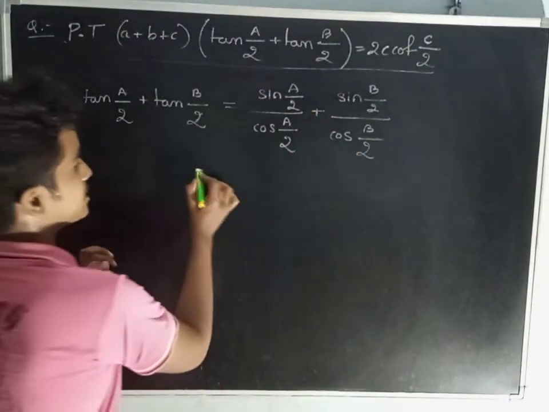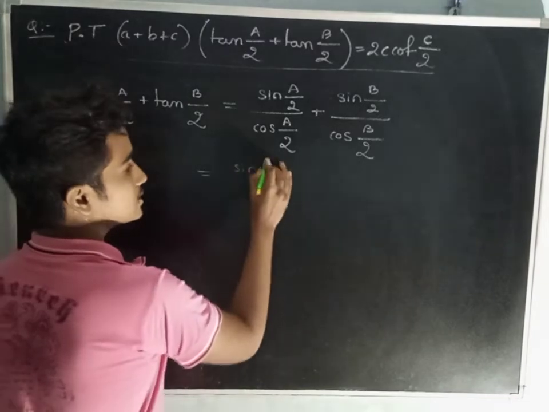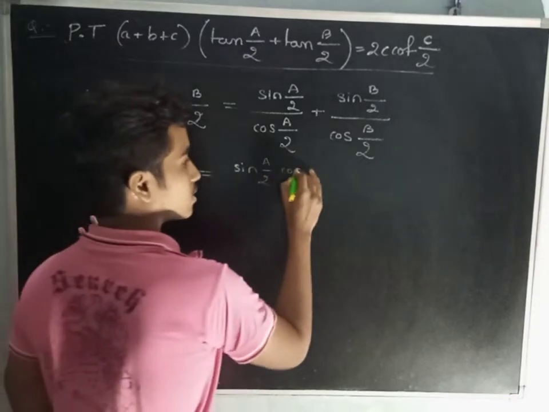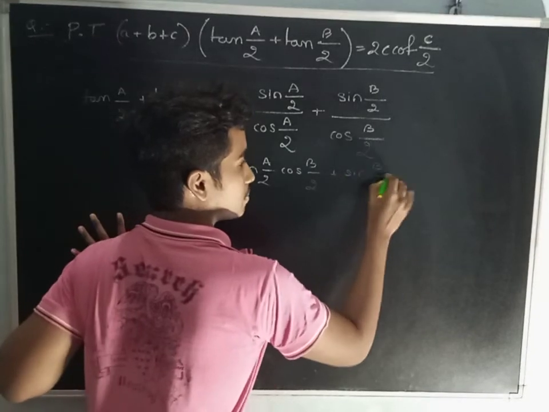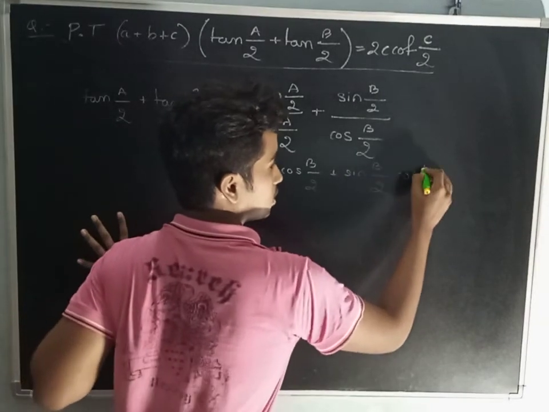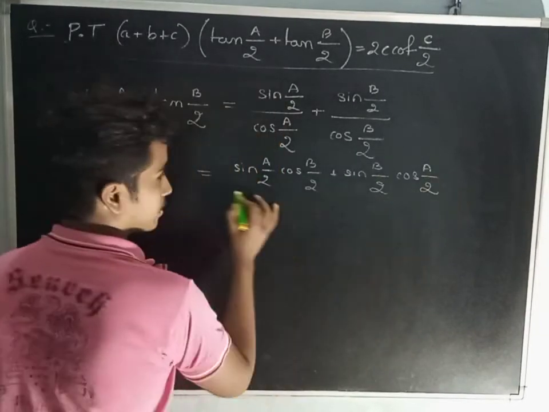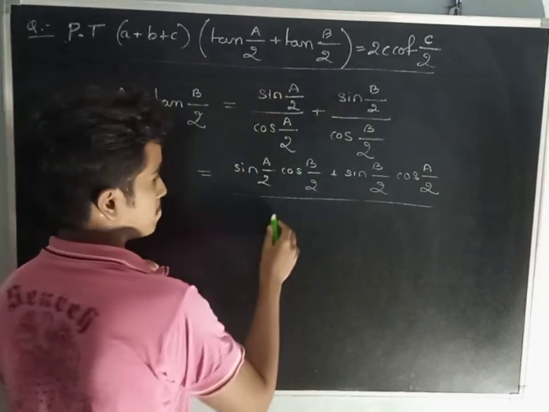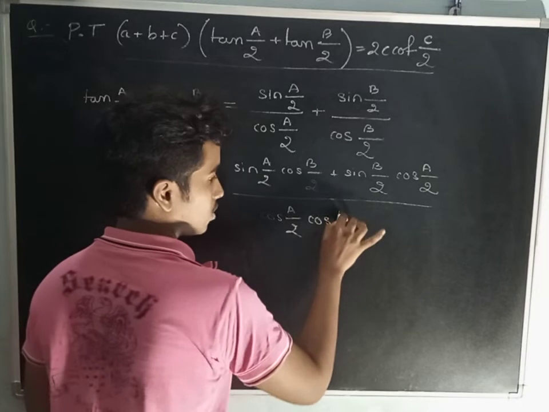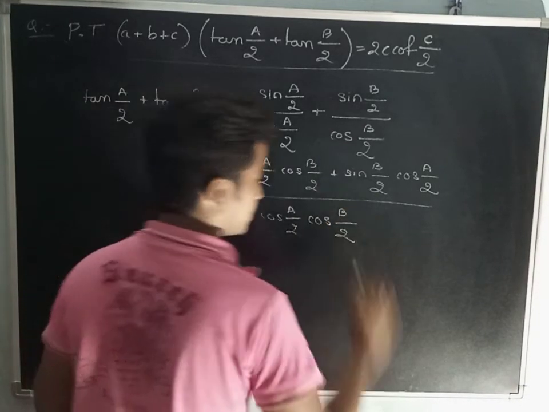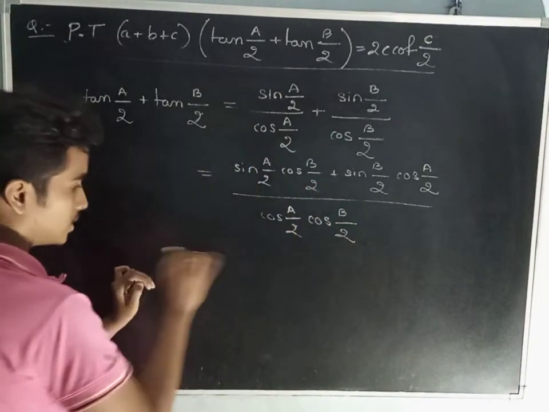Now I will take the LCM, so that I am going to get sin A/2 cos B/2 plus sin B/2 cos A/2 by cos A/2 into cos B/2. Okay.